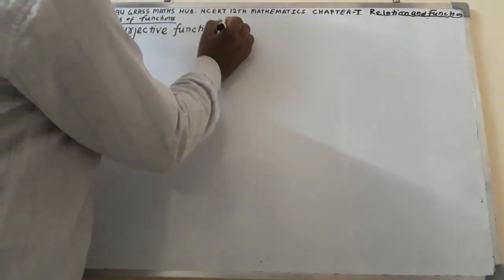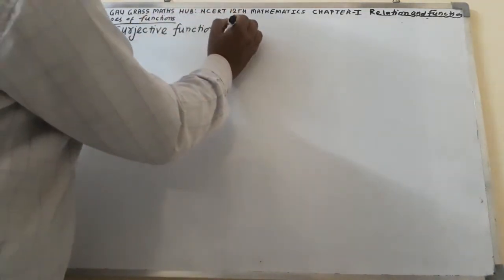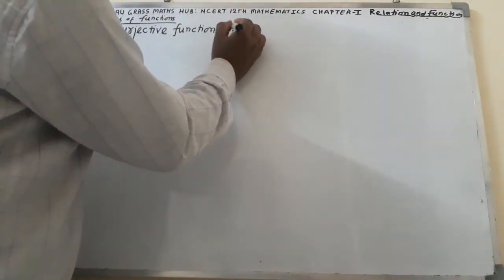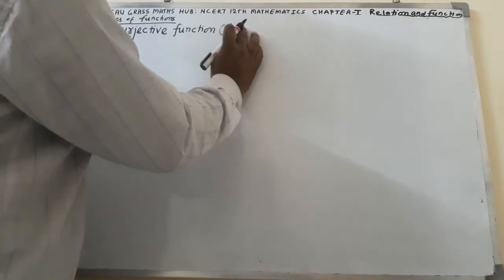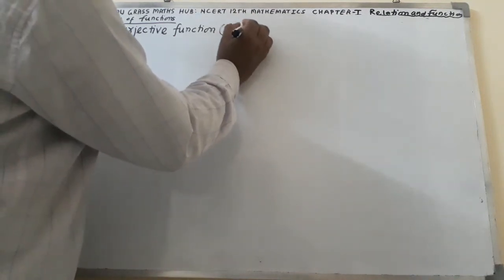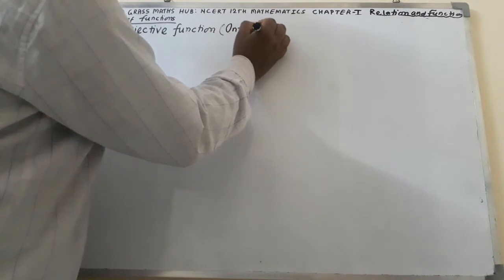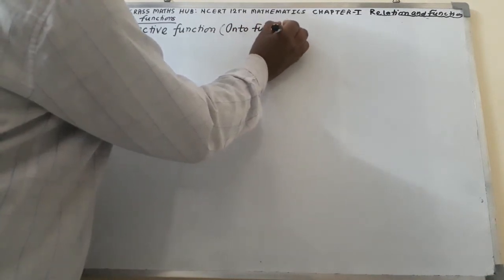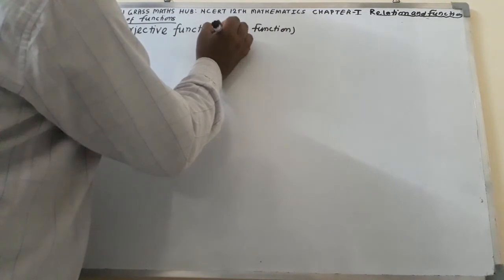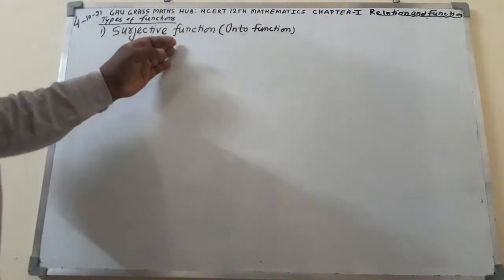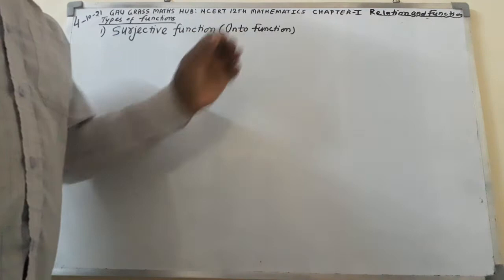A surjective function is also known as an onto function.